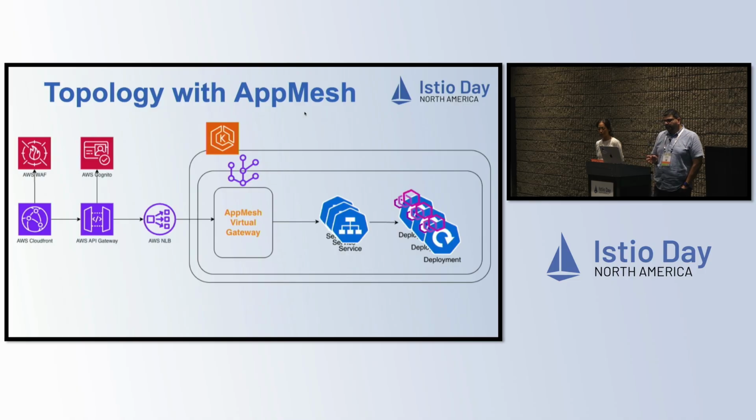AWS API Gateway was configured to forward the traffic to AWS NLB, which was serving the App Mesh virtual gateway. And the virtual gateway itself will forward the traffic to the needed Kubernetes service and deployment. It is worth mentioning that App Mesh was using Envoy sidecars, so all of these pods have a proxy container within them.